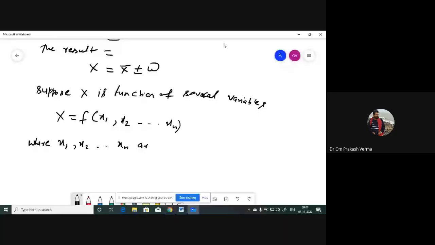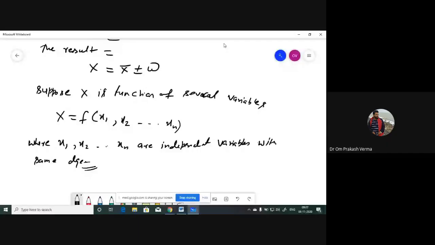Where x1, x2 up to xn are independent variables with the same degree. तो क्या करना होगा, uncertainty कैसे फाइंड आउट होगा?